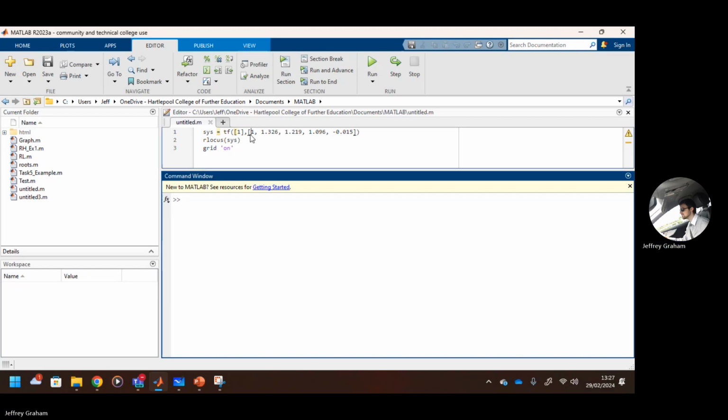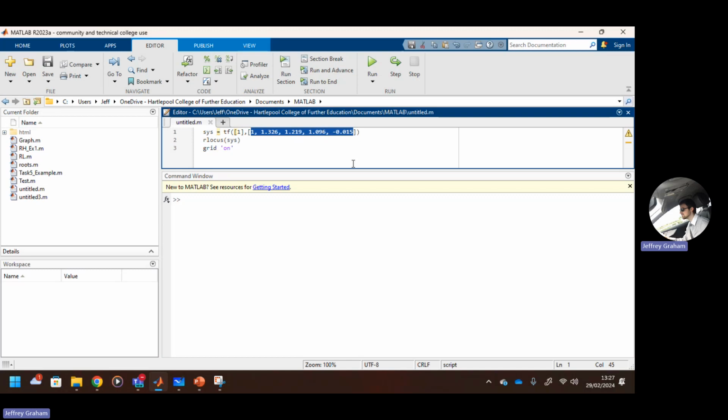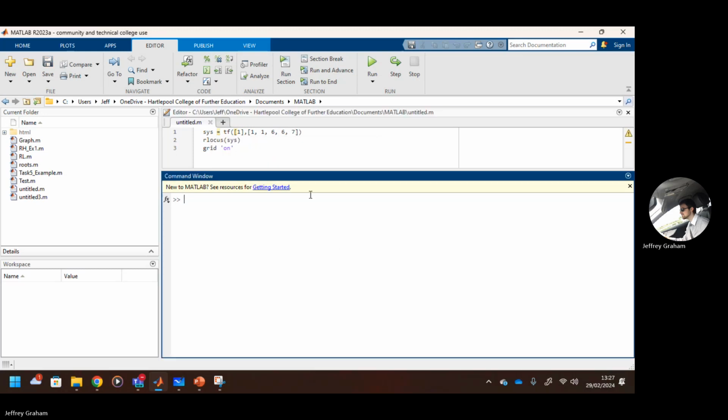Right. Values in this question this time are a little bit easier numerically. Yeah, 1, 1, 6, 6, and 7. The rest of the coding stays the same.